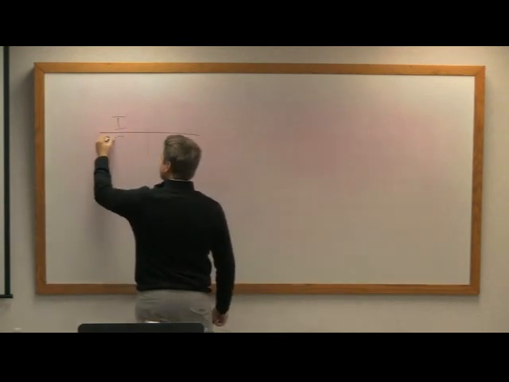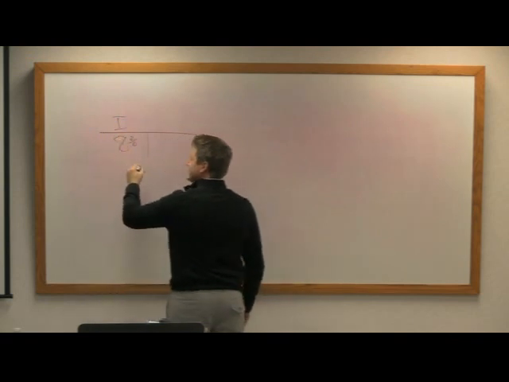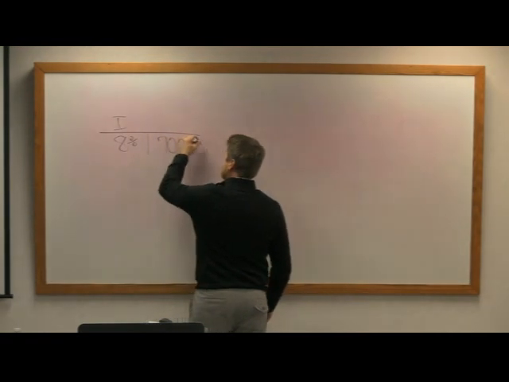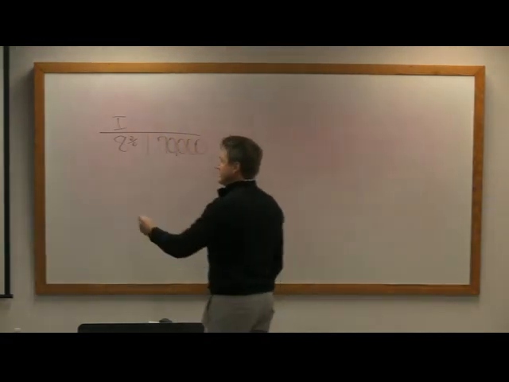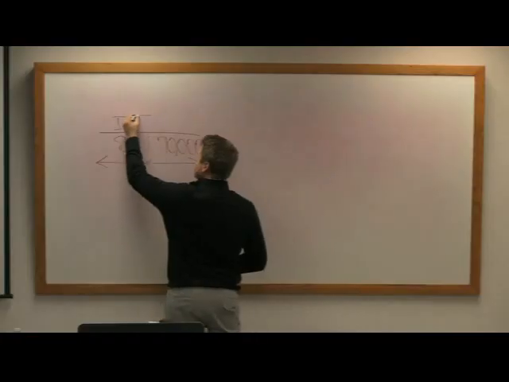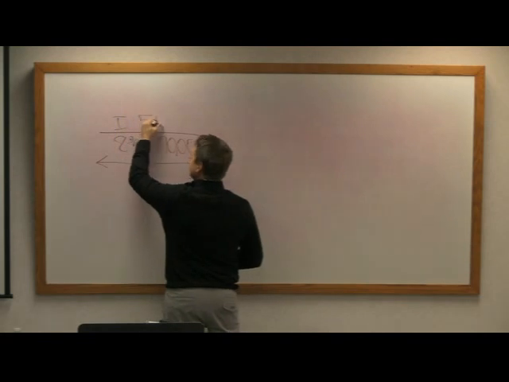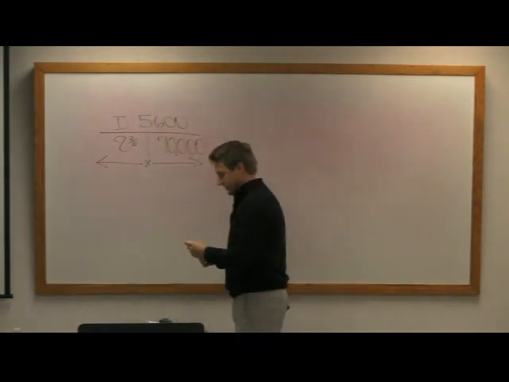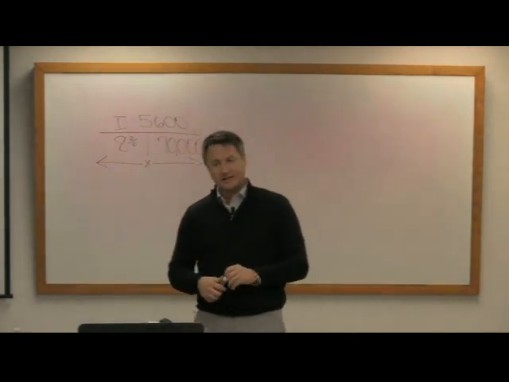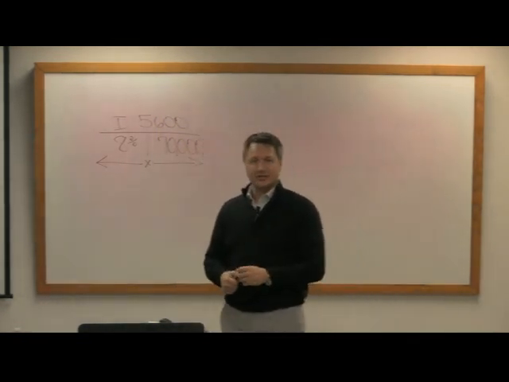We have the interest rate is 8% and the mortgage is $70,000, or we could say the loan amount. And you see on the slide that they're multiplying, and that's what we would do if we had it in our ERV formula. And you come up with $5,600 in the annual interest. Take that times the 25% tax bracket, and you get $1,400.